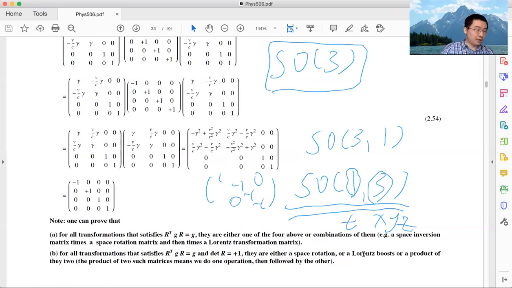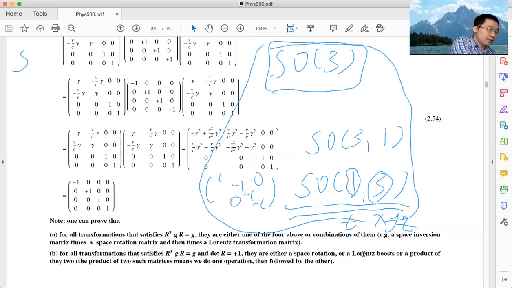Okay, for those who are interested in Lie groups or who are familiar with Lie groups, I want to briefly mention the relation and the difference between SO(1,3) and the so-called SO(4). The SO(4) group is the rotation of a 4D Euclidean space.